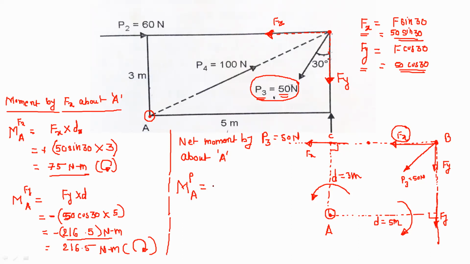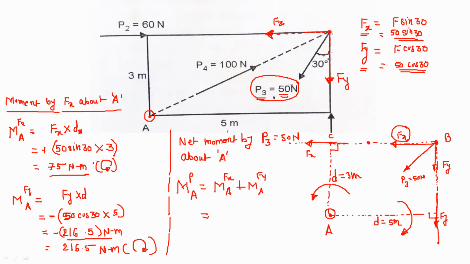So moment by the force Fx about the point A plus moment by the force Fy about the point A, where Fx and Fy are the components of the force P along the x and y direction.